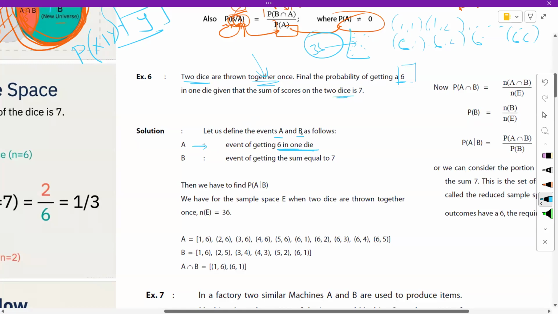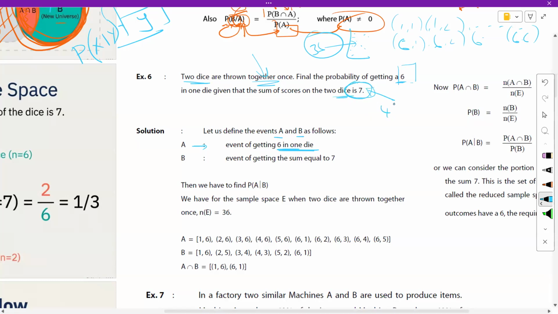Event of getting 6 in one die, given the condition that the sum of scores on the 2 dice is 7. For example, which outcomes satisfy the sum 7?